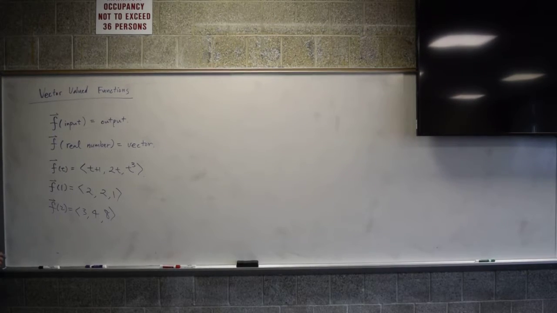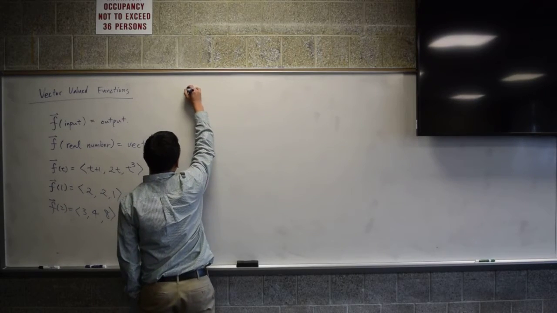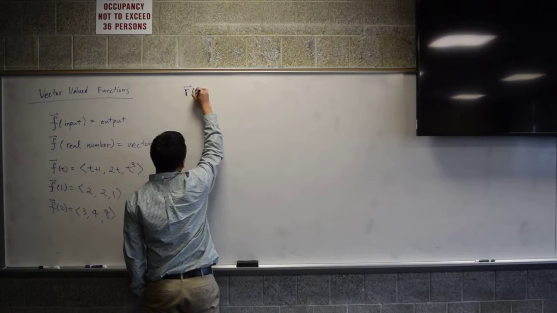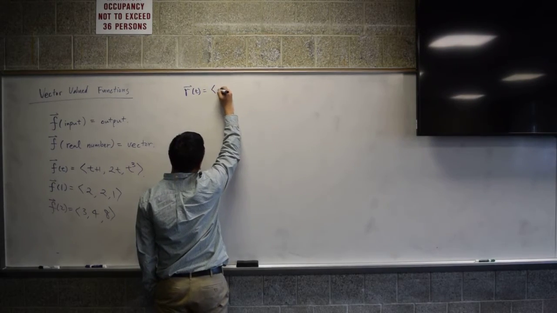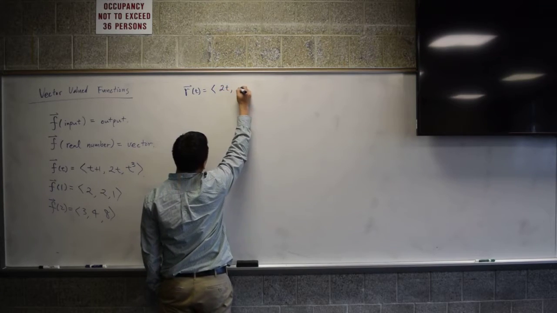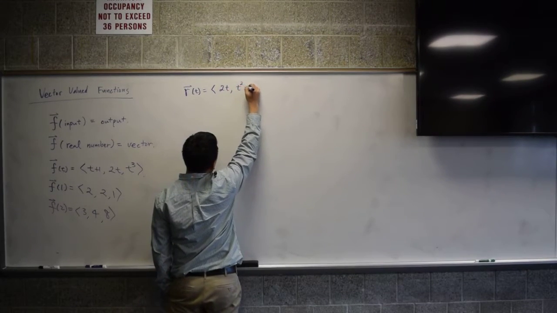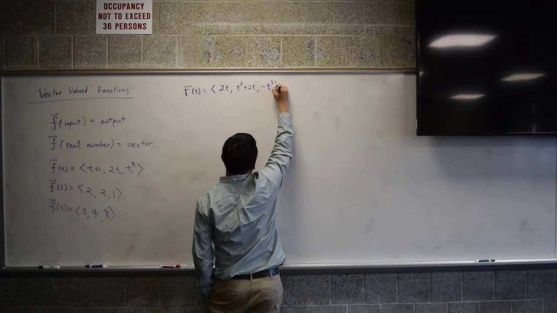Now an example of a vector valued function in physics is a position vector of a moving particle. Let's say there's a moving particle whose position at time t is given by (2t, t squared plus 2t, negative t cubed), something like this.